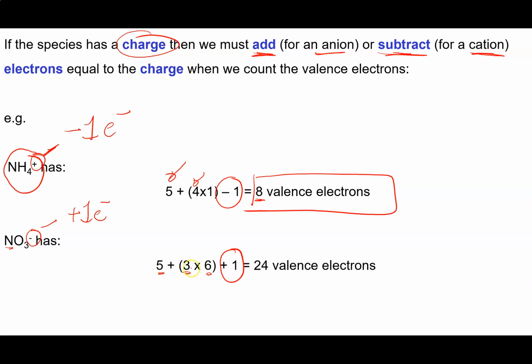So 5 plus 18 gives me 23, plus another electron gives me 24 valence electrons. So that's it, right? So we've got to take that into account before we start doing the rest of the Lewis structure. We have to add up the valence electrons correctly. Okay, so that's our second example of a complex Lewis structure.